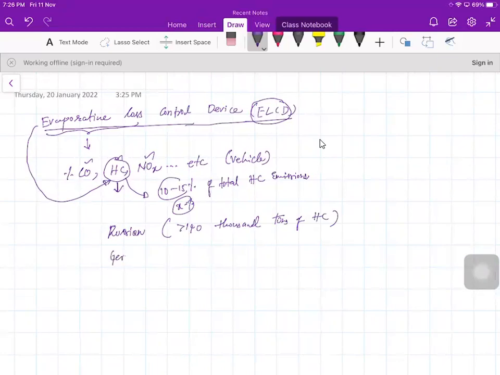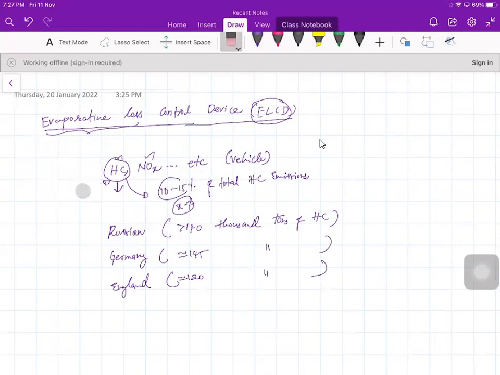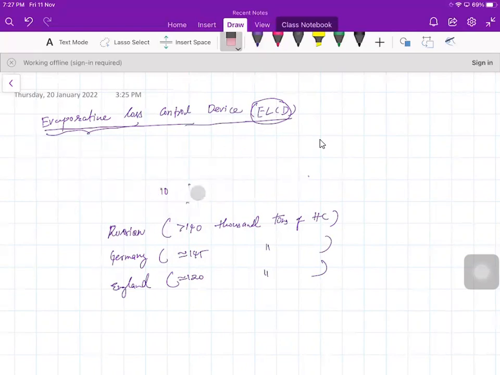Germany has reported nearly 145, in the same units, and England nearly 120k tons. So this much hydrocarbon in vapor form is released into the atmosphere. And we'll discuss what sources are responsible for this formation.